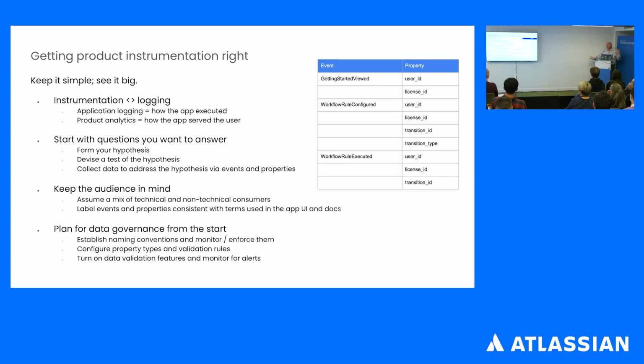Are they text? Are they Boolean? Are they an array? What's the defined set of values and so forth? Do that, and then use the tools that your analytics app gives you to monitor compliance. Data that comes in from instrumentation that does not meet your event tracking plan is a bug. It should get an issue in Jira, and it should be fixed.